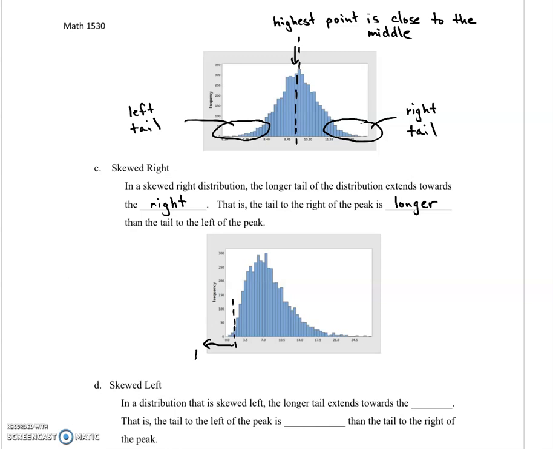So that area is the left tail. And the right tail is very much longer than the left tail. So this one is skewed right.